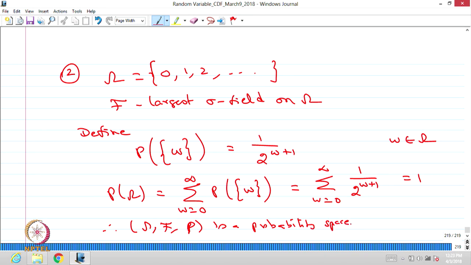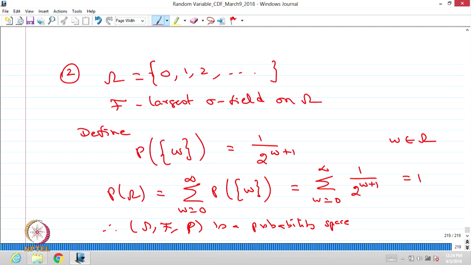Again, the way I defined P of omega is equal to 1 divided by 2 power omega plus 1, someone can think why it has to be this number? Can I choose some other number so that all the 3 conditions are satisfied? Yes, you can always create another real valued function so that all the 3 conditions are satisfied, and we can have a probability.